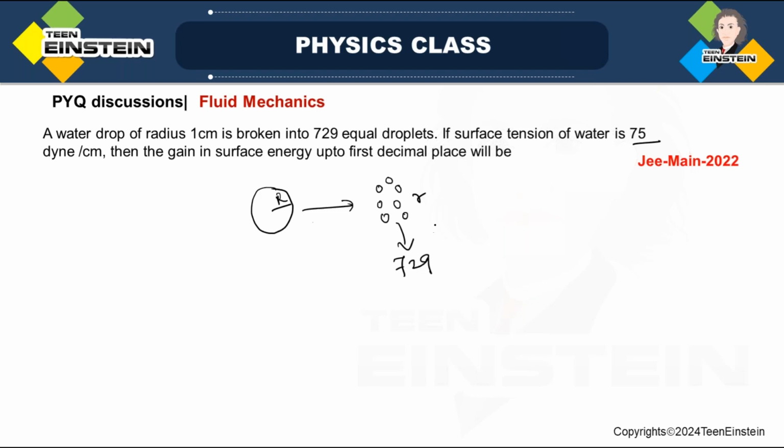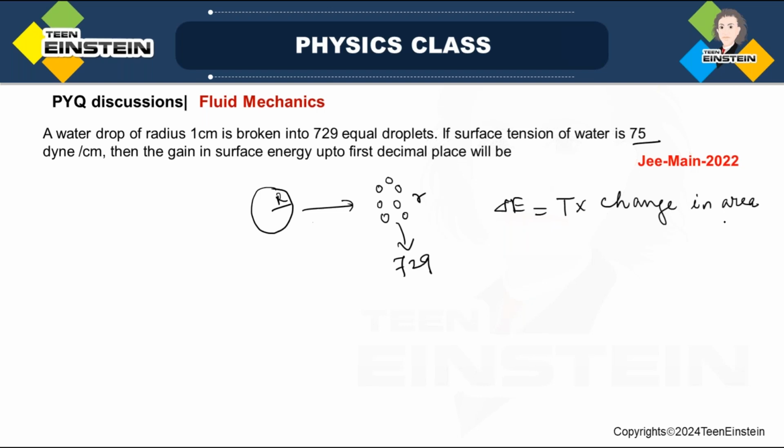What is the gain in the surface energy up to the first decimal? Gain in means, see, surface energy is actually surface tension into the change in area, or increase in area, surface area. So this is actually the gain in energy. In this case, surface area will increase if you break a drop into multiple droplets, so the change in area will be positive.